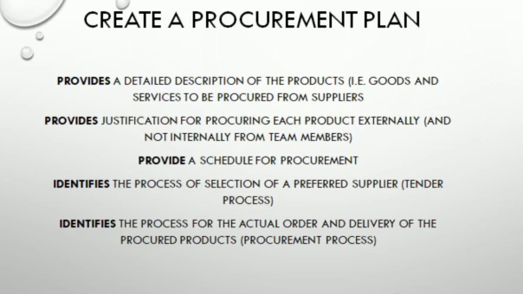Then the next item here is to create a procurement plan. You are going to give a detailed description of the products that you are going to need and the supplier that is going to be supplying them. Now, if you are giving this contract of supply to a supplier, you should provide a justification for doing that to your team members.